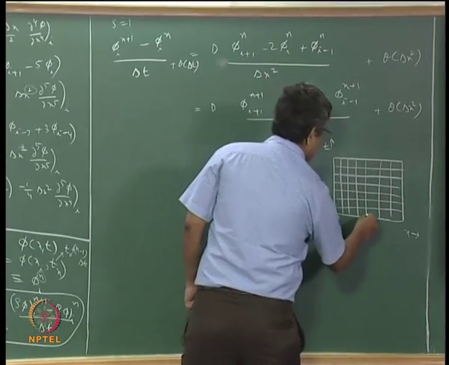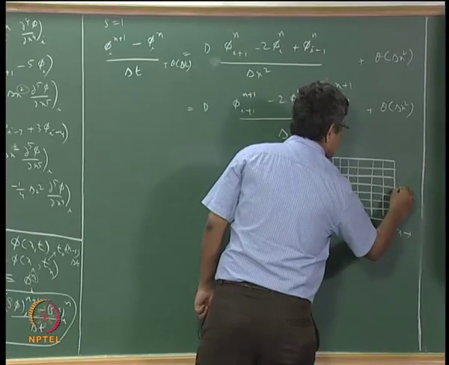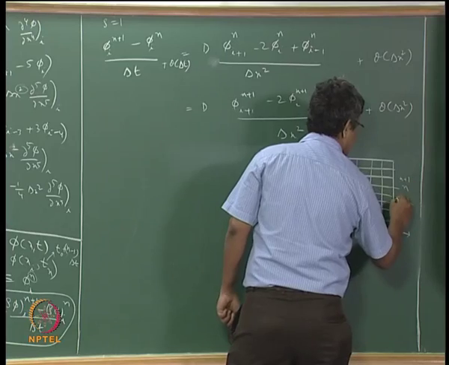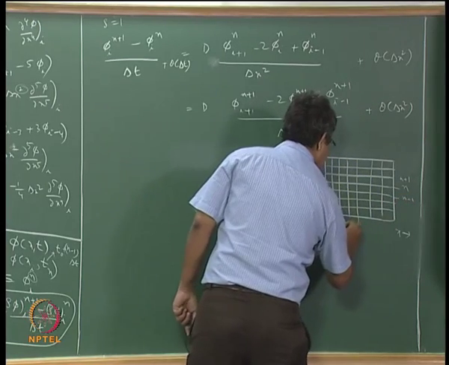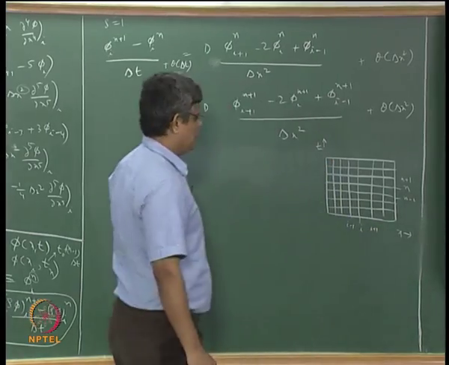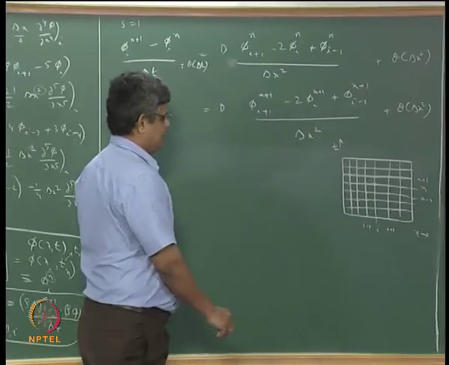Okay, and for example, if you say that this is I here and this is n, this is n plus 1, this is n minus 1, I minus 1 and I plus 1 and so on. Okay, so this is the reference point here.